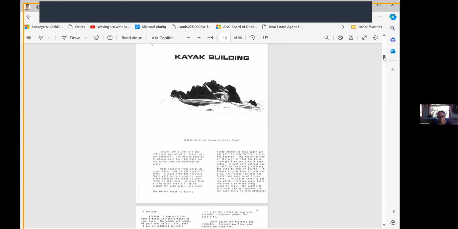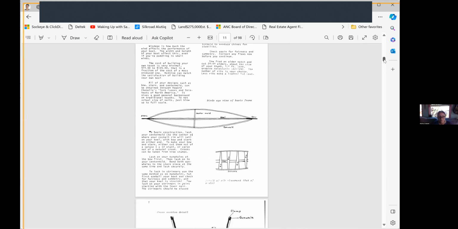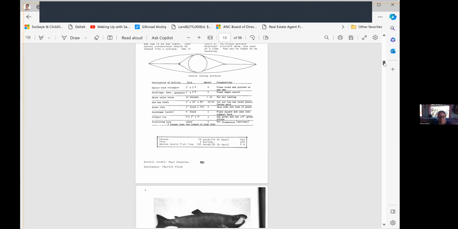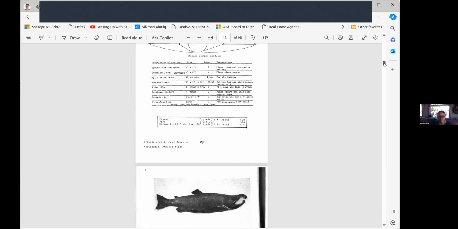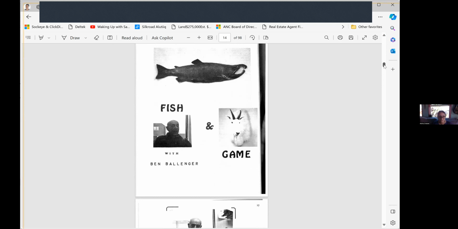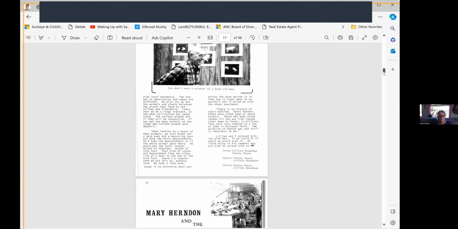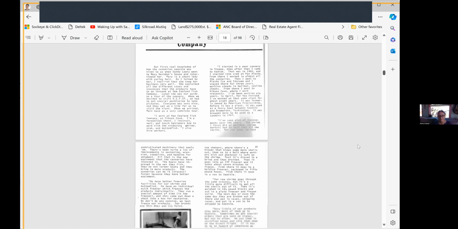And this student, I don't know if it was Scott Clark who did it or if that was just the illustrator, but they took time to research a project with an elder in town, and then write it up with photos and drawings.